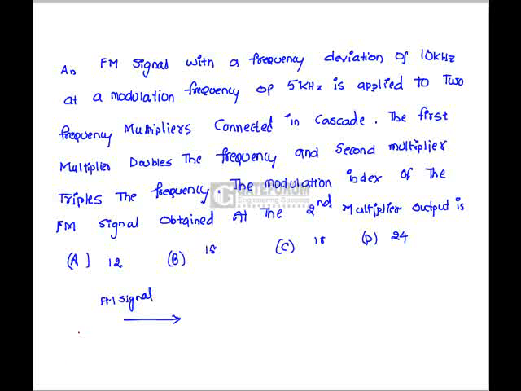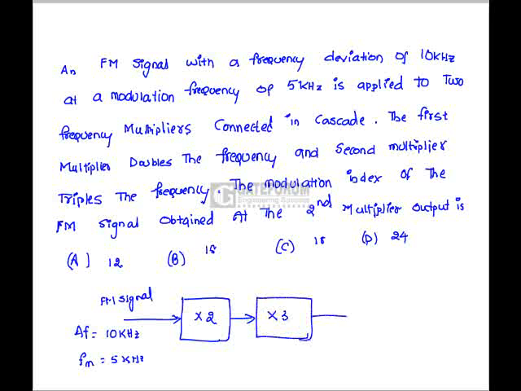According to the question, delta F is 10 kHz, and fm is 5 kHz. It is passed through a cascade connection of two multipliers, the first one doubles the frequency and the second one triples the frequency.